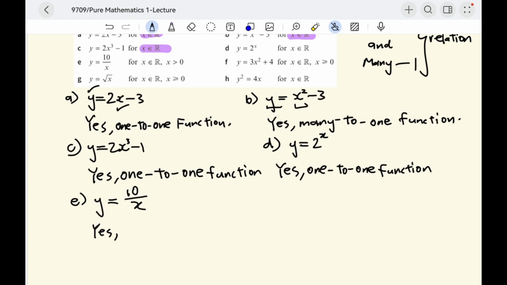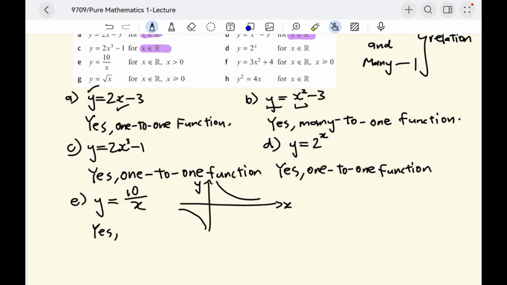For the reciprocal graph, here is an example. Generally your graph will look like this.